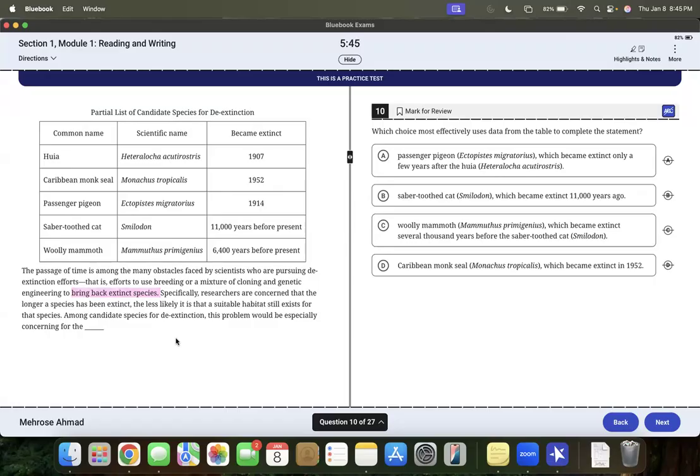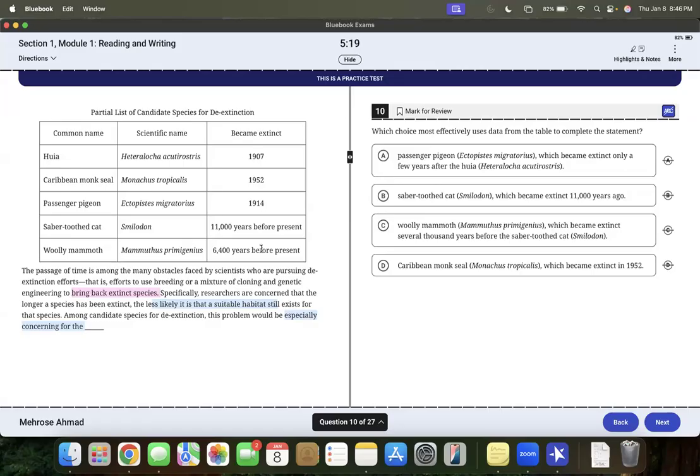Specifically, researchers are concerned that the longer a species has been extinct, the less likely a suitable habitat exists. Among candidates of species for de-extinction, this problem would be especially concerning for who? Before even looking at the question, using common sense, they're saying if a species has been extinct for a long time, it's going to be pretty hard to bring them back because we don't even know if they have a suitable habitat. So who's been extinct for the longest?